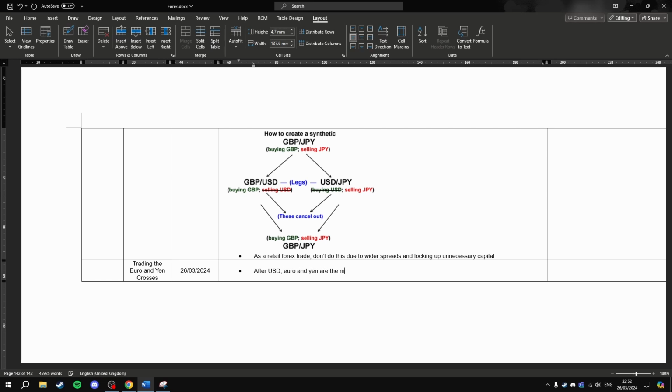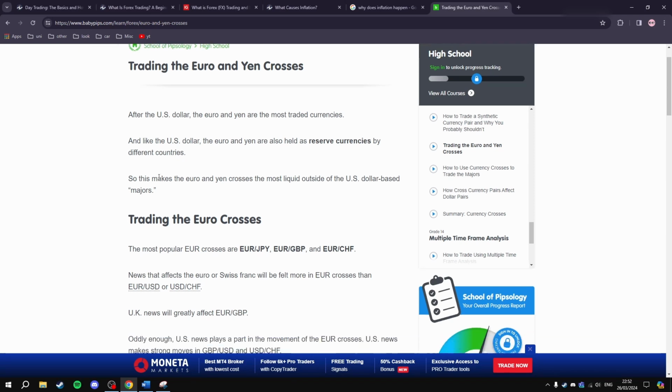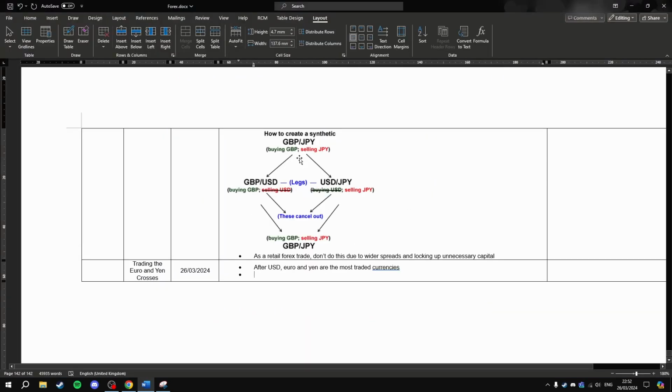And like the US dollar, the euro and yen are also held as reserve currencies by different countries. So this makes the euro and yen crosses the most liquid outside of the US dollar based majors. Trading the euro crosses. The most popular euro crosses are EUR/JPY, EUR/GBP and EUR/CHF.